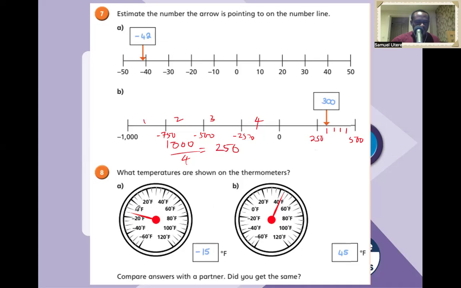So it means this should be about 10, and that should be 5. Remember, as you go closer to 0, when the numbers are high, a negative number is smaller as the numbers are bigger. So that should be negative 15.